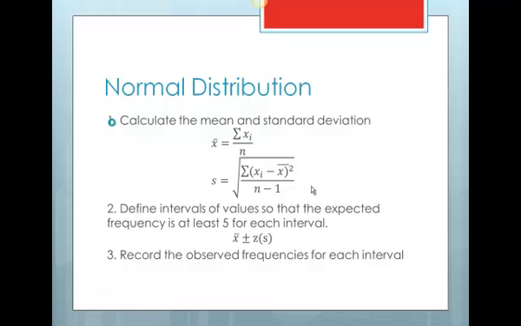You'll see there's a whole slide listing out each of the steps involved here. The key is that we must have at least 5 observations within each interval. Then I have the equation you're going to use to develop the intervals: the mean plus or minus, depending on the z sign, the corresponding z value times the standard deviation. Then we record our observed frequencies for each interval, to see how many fall within those intervals.